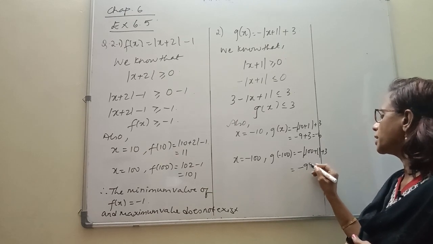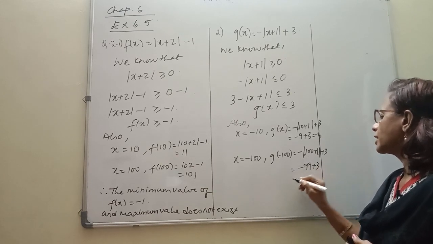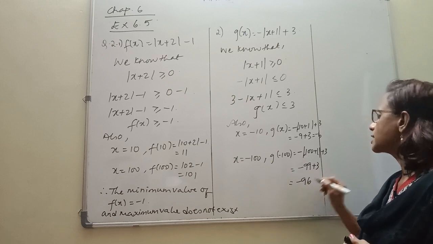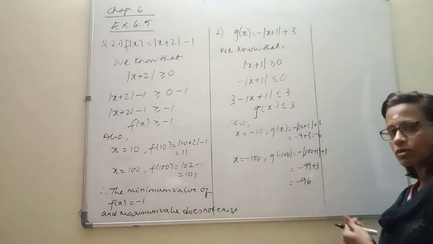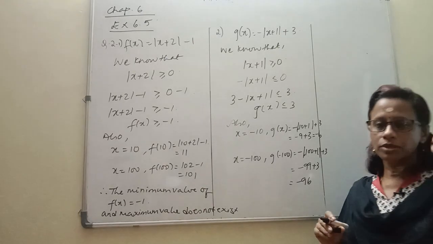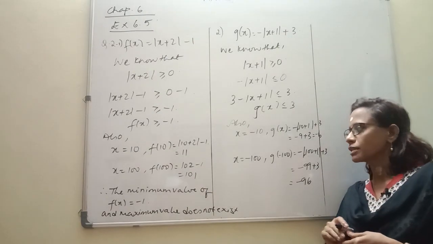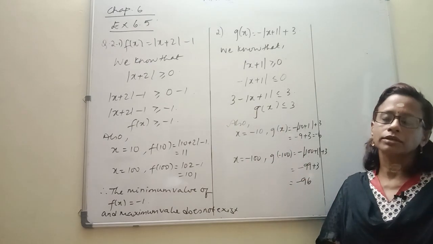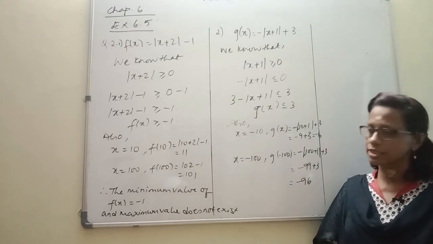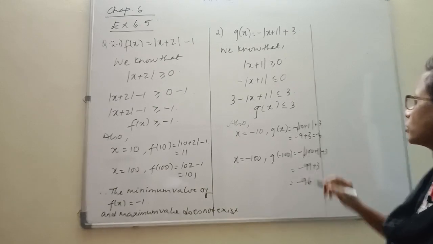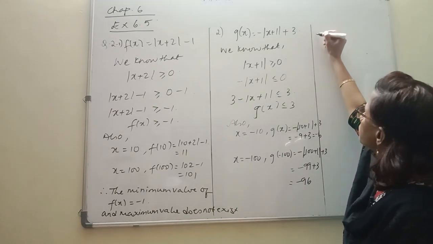So overall it's going to be minus 99 plus 3, which is minus 96. So we see, as you keep on substituting lower and lower values of x, the value of the function keeps on decreasing. This part is not required, but it's only to get ourselves convinced that yes, it does happen. That will help us to get the maximum and minimum value.